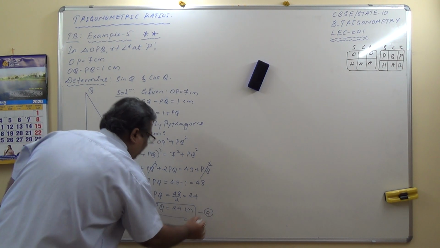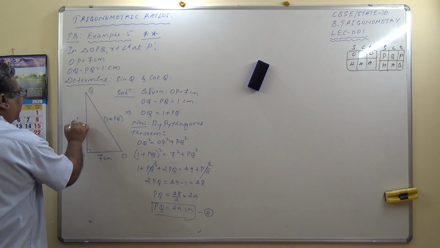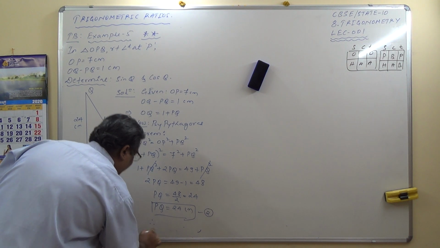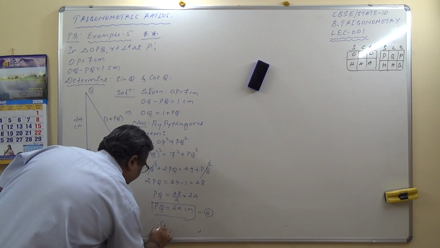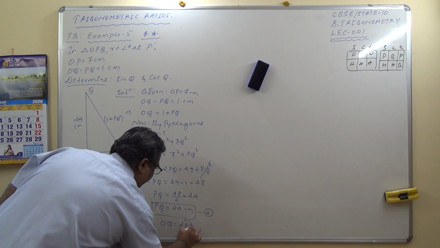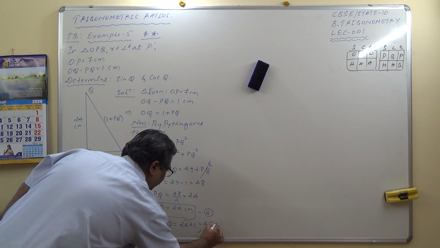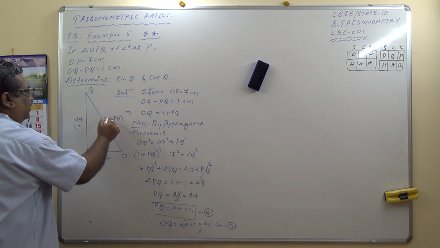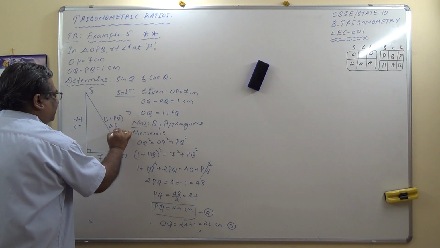Mark it 2. So PQ equals 24 centimeter, and therefore I'll write OQ equals 24 plus 1, which is 25 centimeter. This is the third side. This is 25 centimeter.